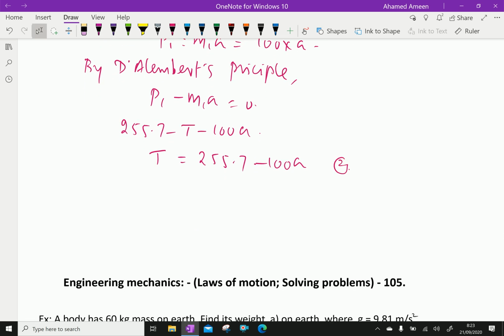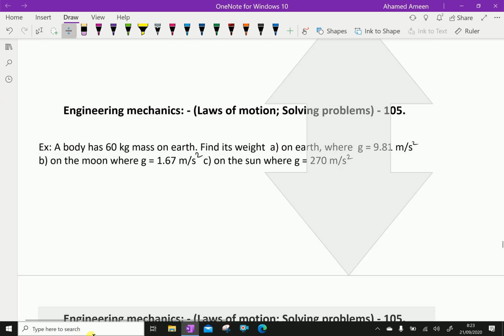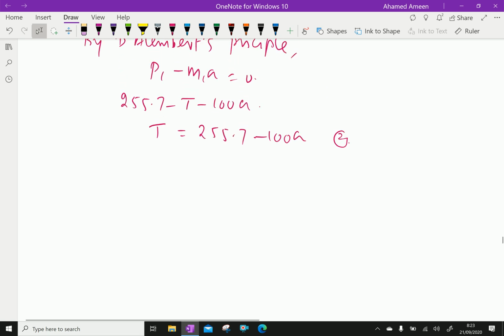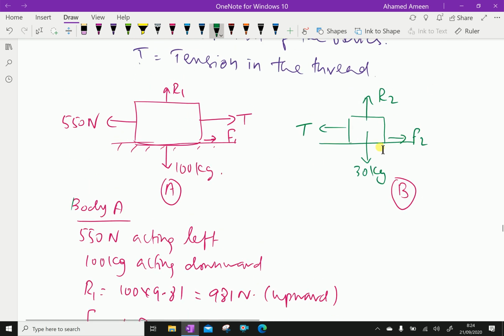Now consider body B. Here, look at this free body diagram of body B. The weight of mass 30 kg acts downward, frictional force acts to the right side, and tension on the left side.